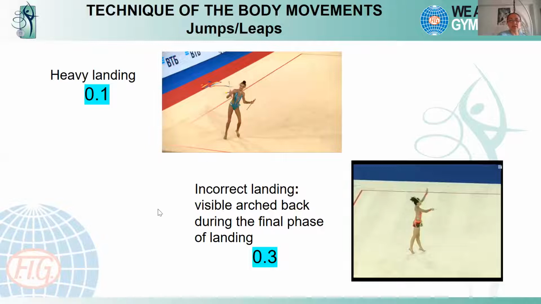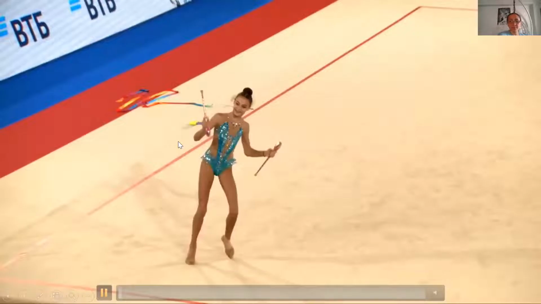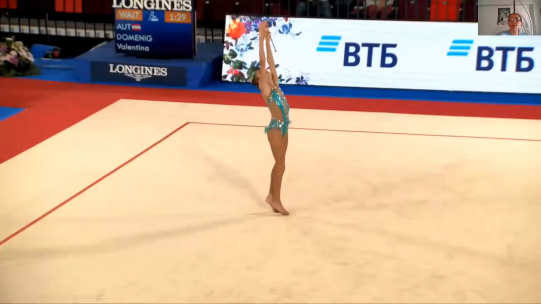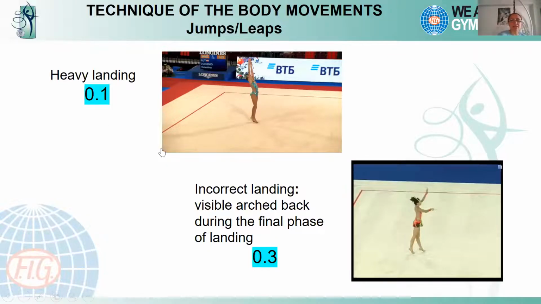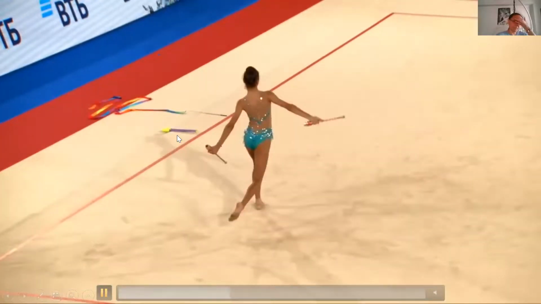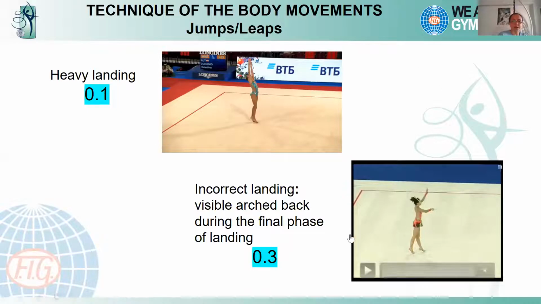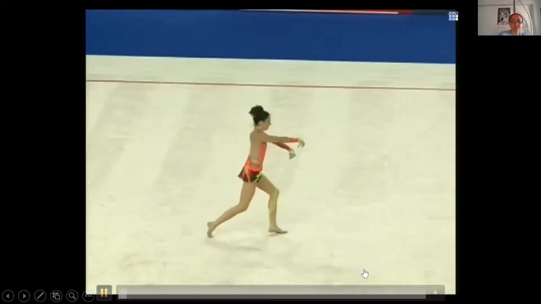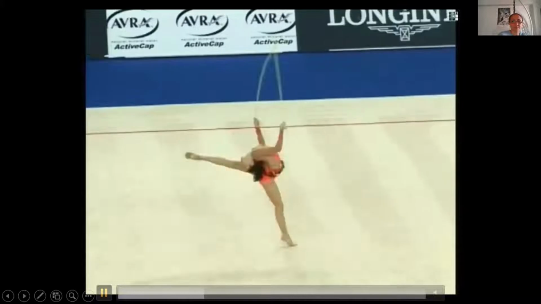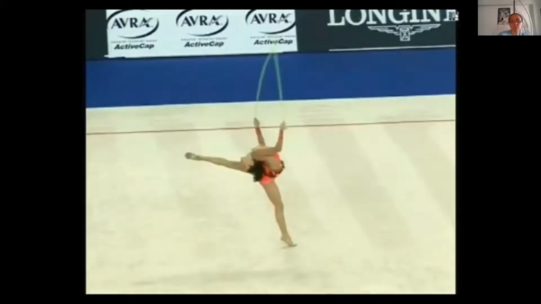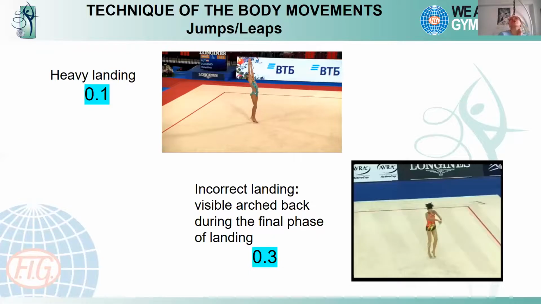Let's check the heavy landing. You can see her leg is down. This is called heavy landing. And then we have incorrect landing, visible arched back. You see, she already landed when her back is still arched.